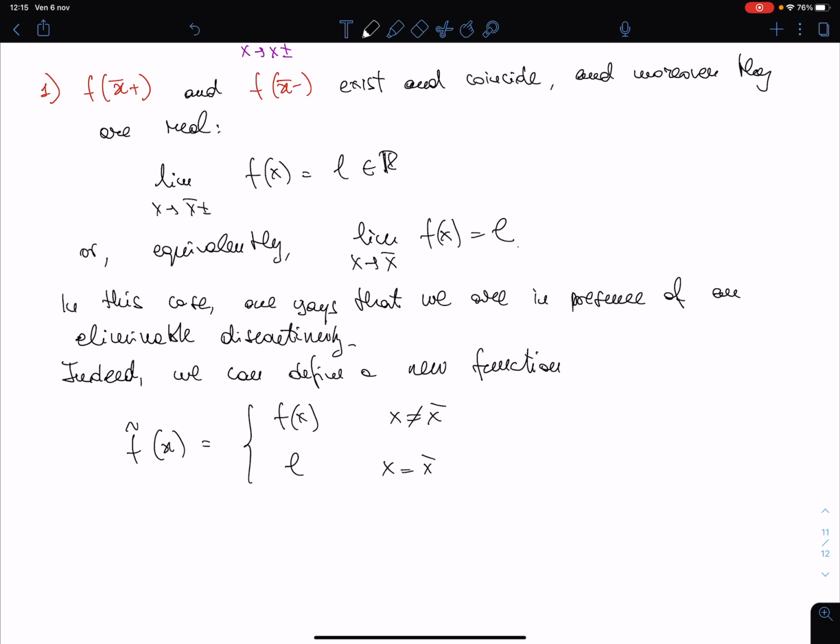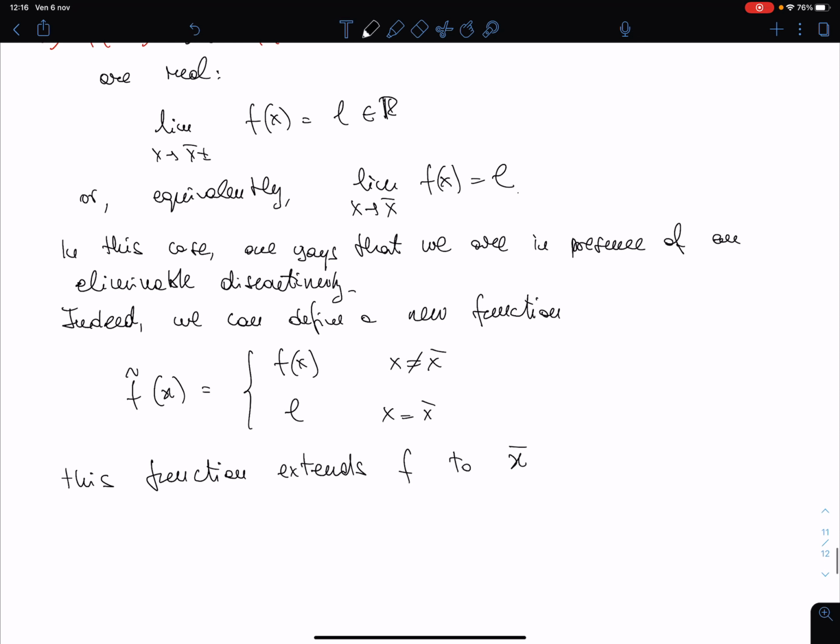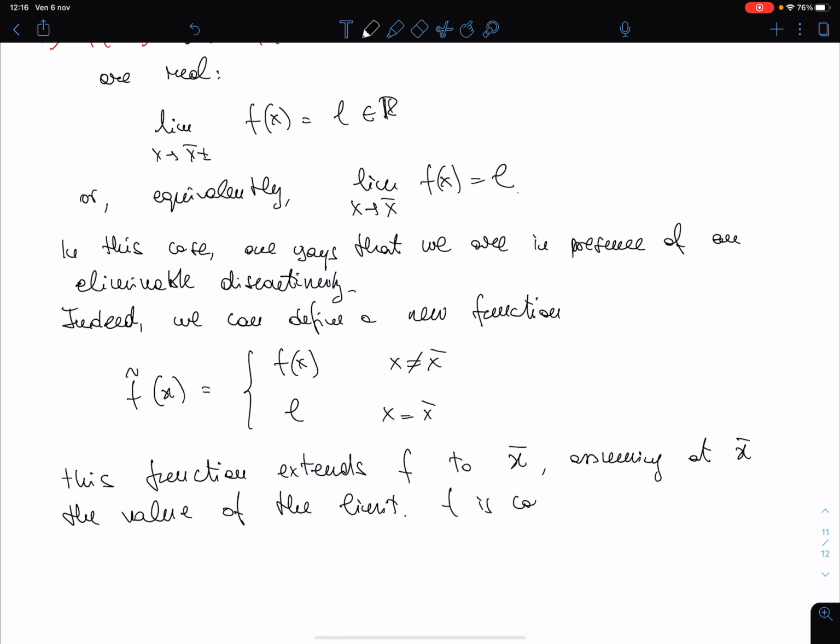And so this function extends the function f to the point x bar, assuming at x bar the value of the limit. f tilde, sorry, is called the continuous extension of f to the point x bar.